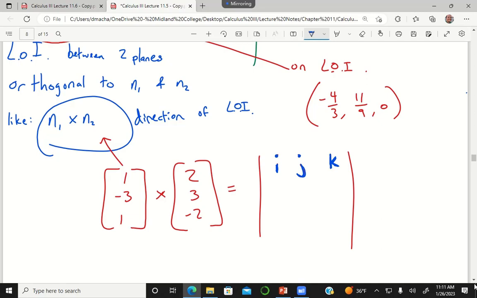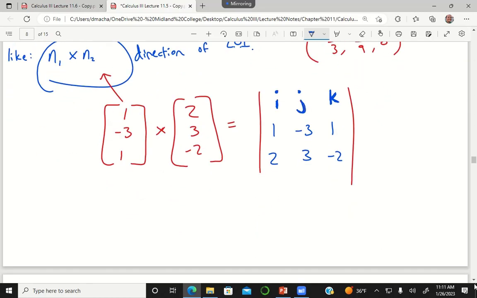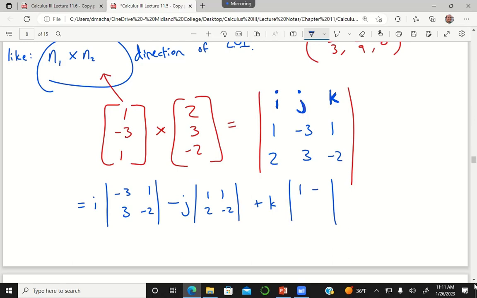It happens to work exactly the same way you would normally take a determinant, so that's why we do this. But we're taking the determinant of this pretend kind of matrix thing. So that will be i times the determinant of this, minus j times the determinant of this, plus k times the determinant of this.